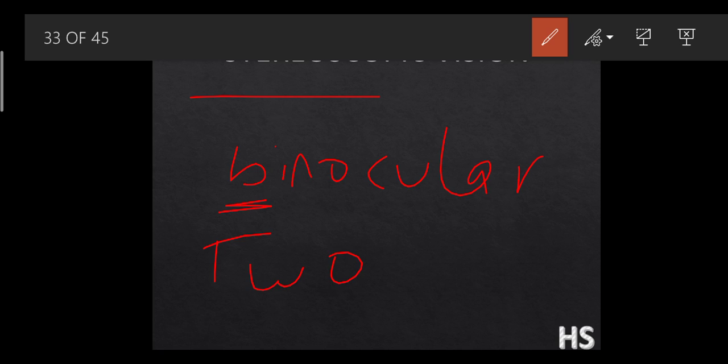Now the stereoscopic vision. This is also called binocular vision. See, bino means two. Now a general knowledge question. We know that all apes, monkeys and humans have two eyes. Why do we have two eyes? There is a reason behind having these two eyes.